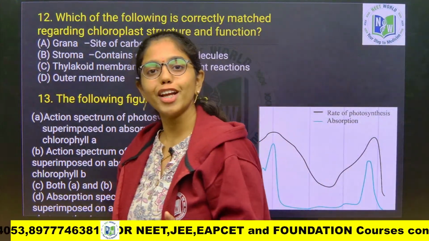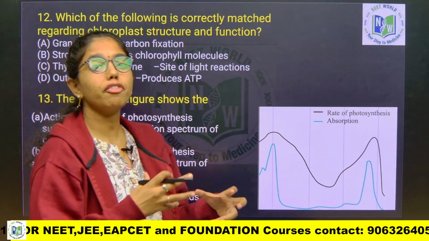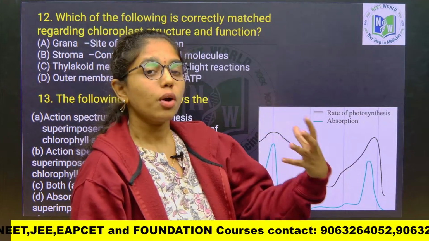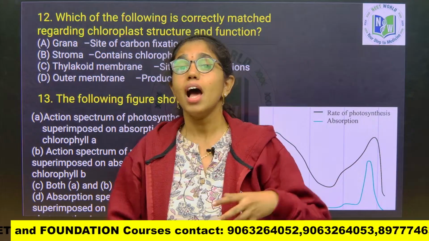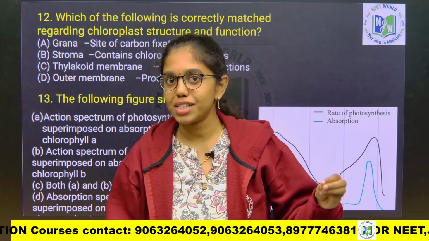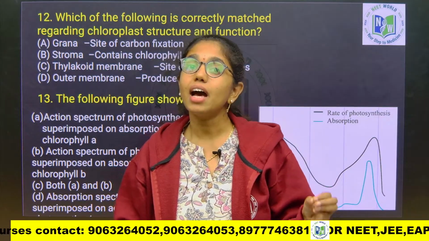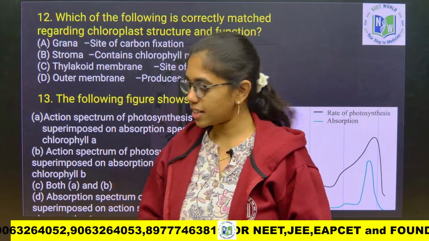Today let us look into the chloroplast organelle, the different pigments in the chloroplast, questions based on action spectra and absorption spectra. Let us also look into the questions based on light harvesting complex and electron transport system as well. Yes, let us get started.